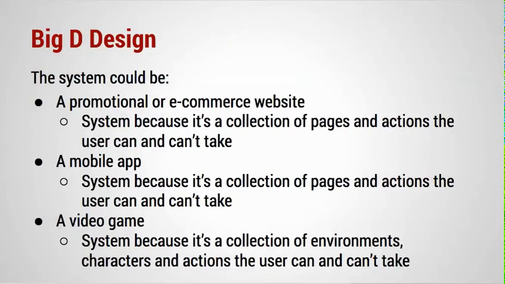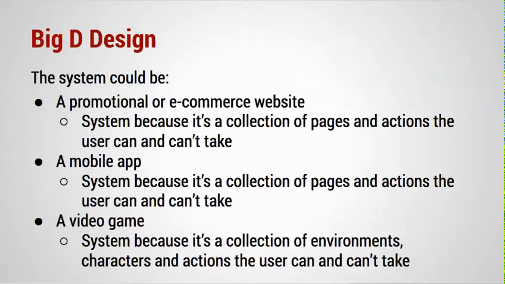So in Big D design, we're looking at systems. And the system could be something like a promotional or e-commerce website. It's a system because it's a collection of pages and actions that the user can or can't take. So on an e-commerce website, you'll have dozens or hundreds or even thousands of pages showing products, and you have to figure out how they do that.